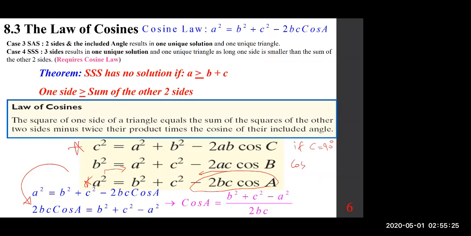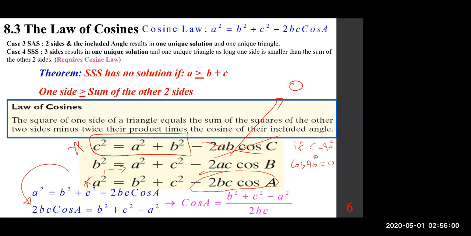Very good. So if C is 90 degrees, and we know cosine of 90 degrees is 0, this term changes to 0, and this is your Pythagorean identity. So the Pythagorean identity or theorem is a special case of a what? Cosine law. That sounds good, everybody?